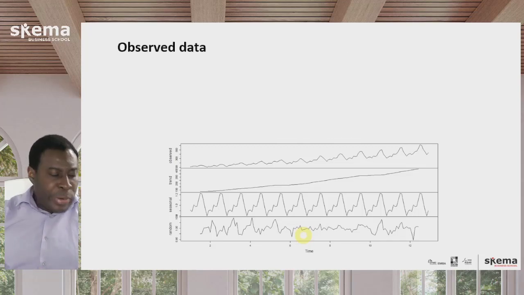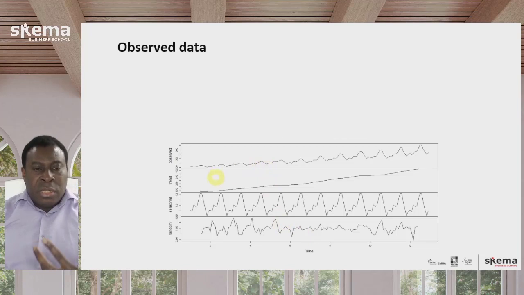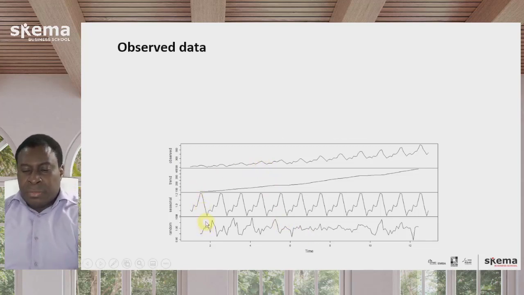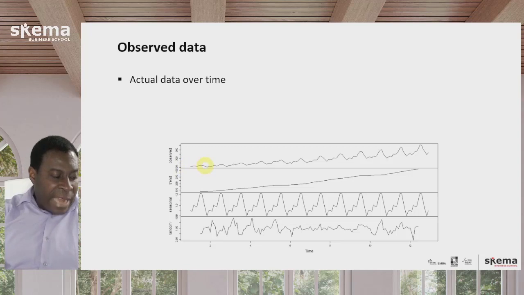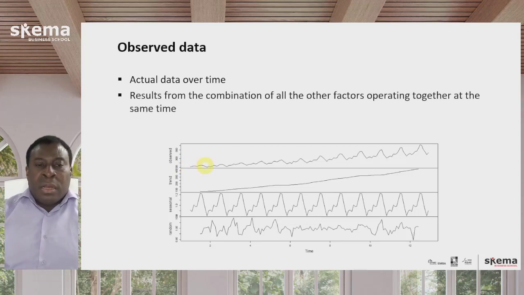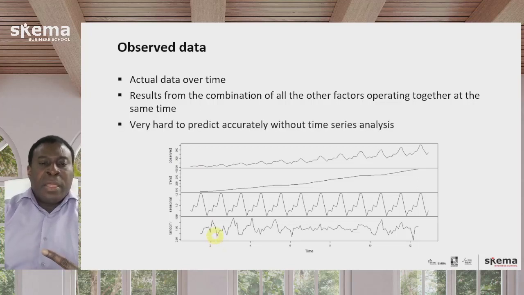So with these three main components, the trend, the seasonality, and the random noise, when they're brought together, they compose the actual data over time. This is a combination of all these three elements operating together at the same time.